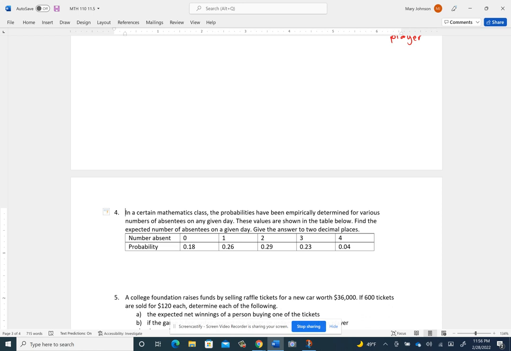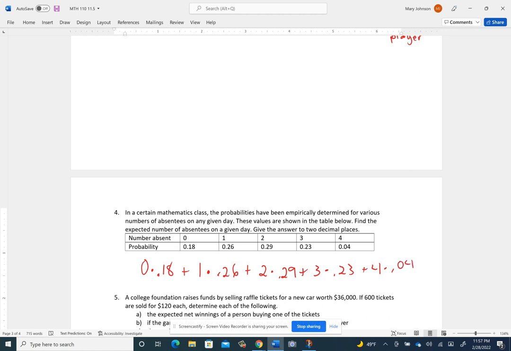So what you're going to do is take the number absent times the probability that would happen, plus one person absent times the probability, 0.26, plus 2 people absent times the probability of that happening, 3 people absent times the probability, 4 people absent times the probability of that happening.